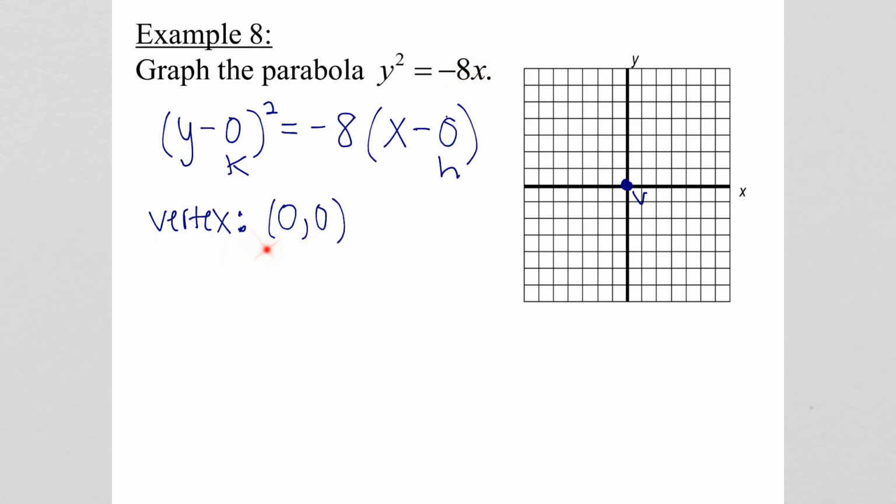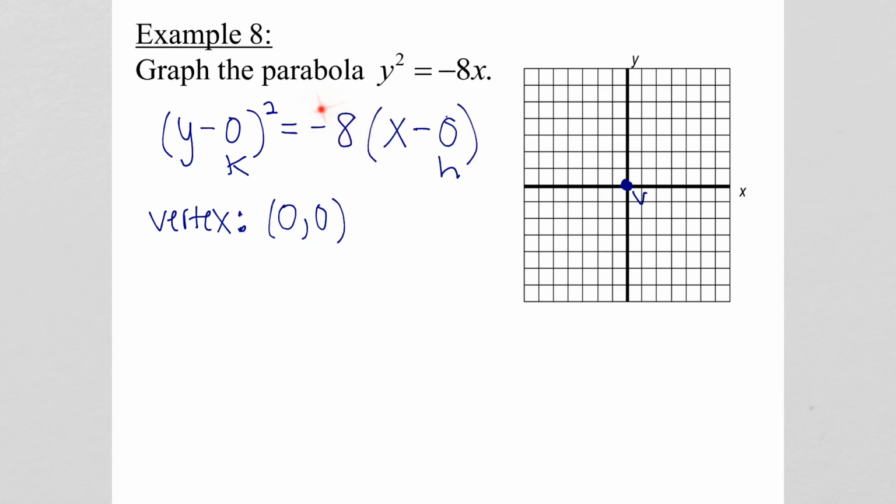Then from there, when I have to graph the focus point and the directrix line, the only way to get to the focus and the directrix is to find the p value. So I'm going to solve for p. How do I solve for p? This negative 8 in the equation is represented by a 4p in the standard equation of the parabola.